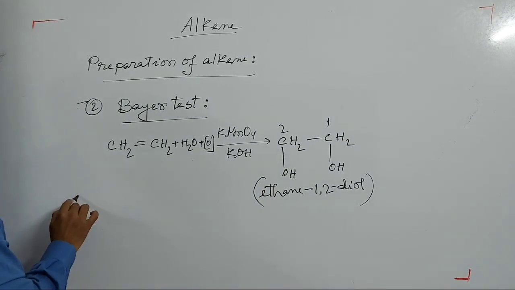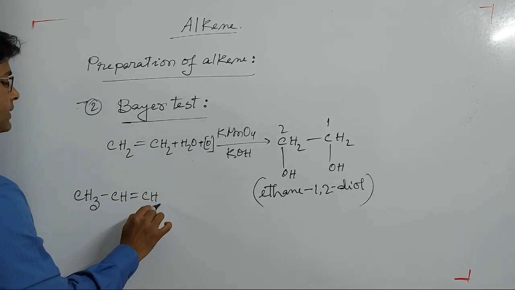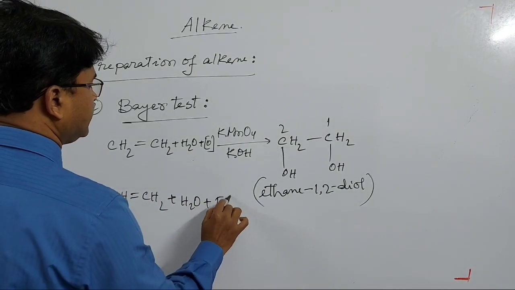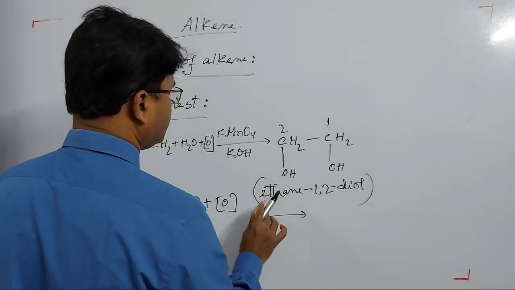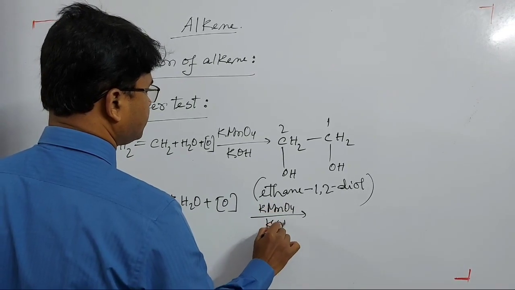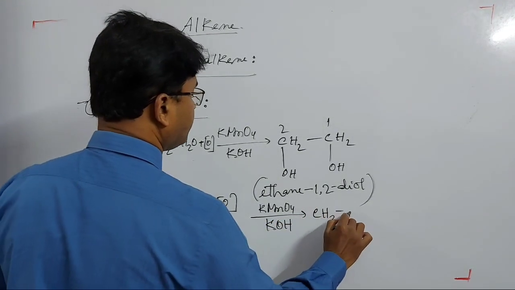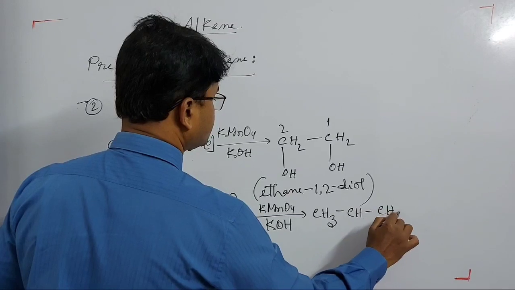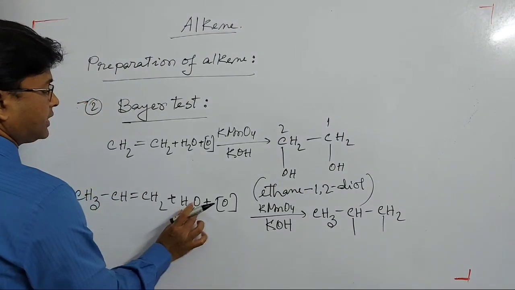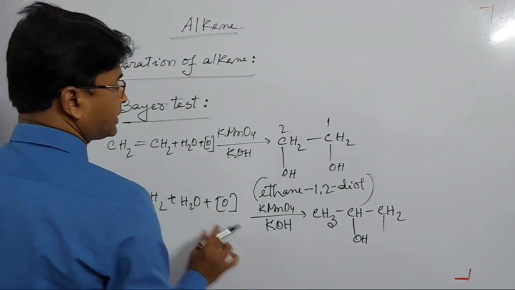And again, if I write here propene, water plus nascent oxygen from potassium permanganate plus potassium hydroxide, then it will be CH3-CH-CH2, another two new bonds are formed here, and one hydrogen atom and a nascent oxygen will be OH, and the remaining part of water is OH.